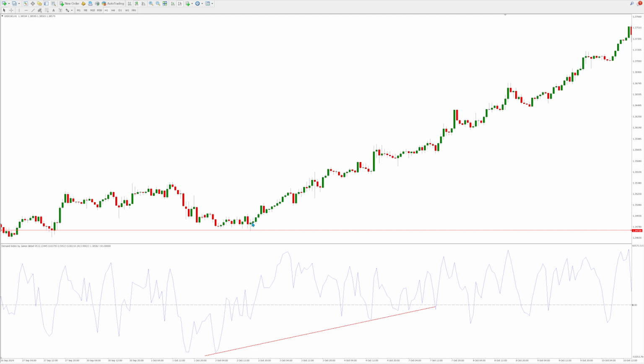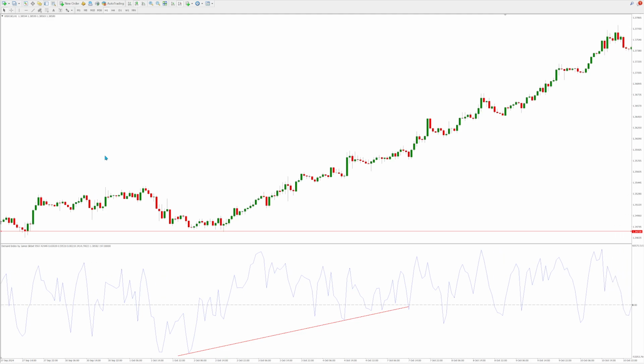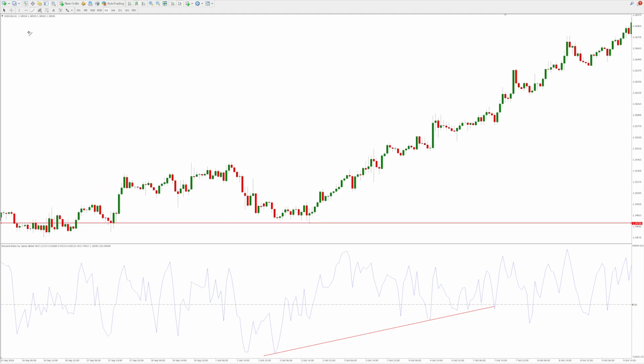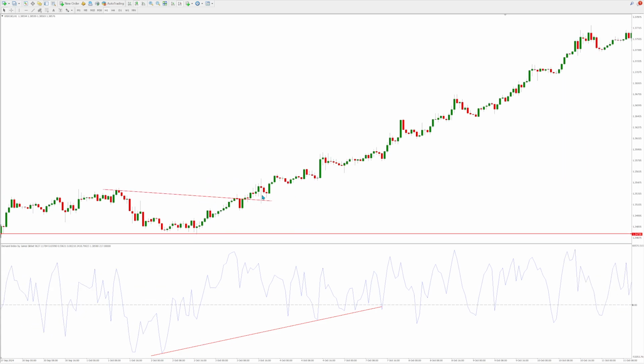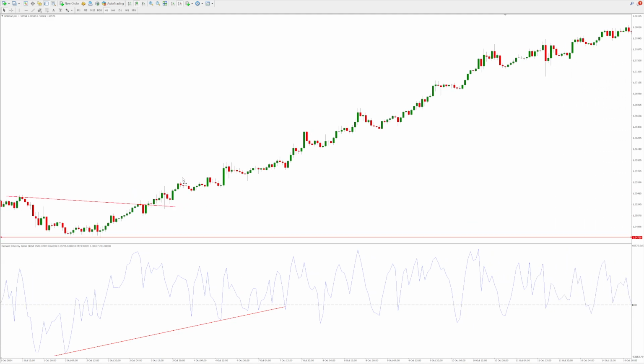Okay, we've got our bullish price action. We can just wait for a breakout to the upside, whether you want to draw your resistance like that, like this, it's all the same. Okay, so we have a breakout to the upside and we're going to look to get in on this trend.